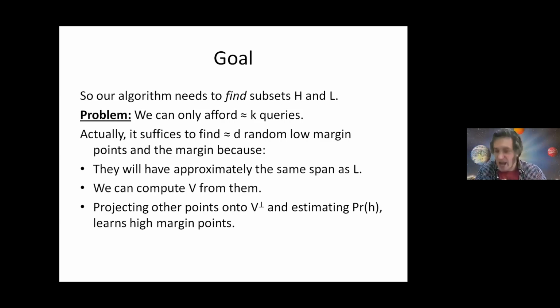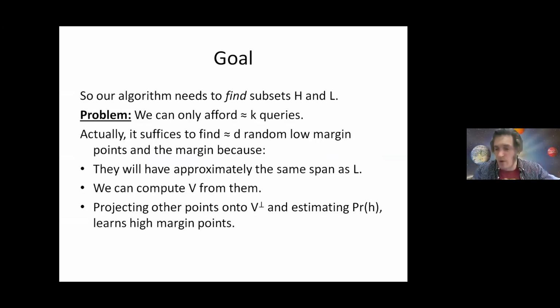You project all the other points onto v perp, you estimate the projection of h onto v perp, and by looking at the dot product of this projection of h with the projections of your other points, you can identify which of the points are high margin. If that dot product is large, then you successfully learn the signs of those points.